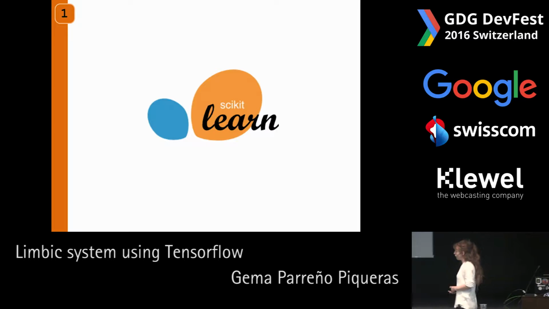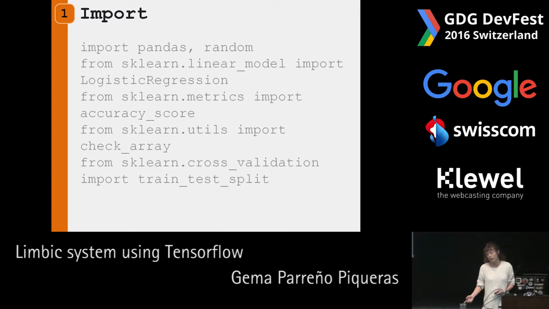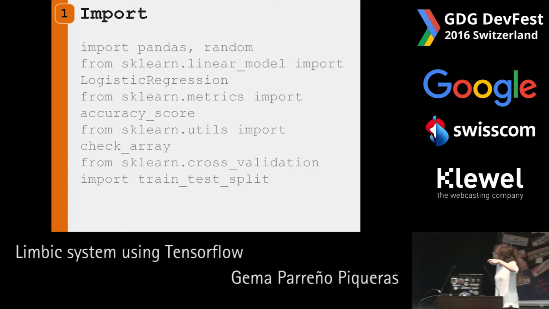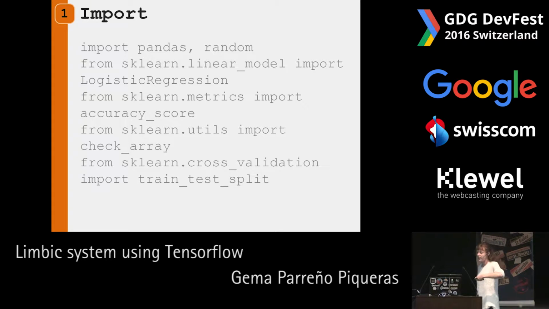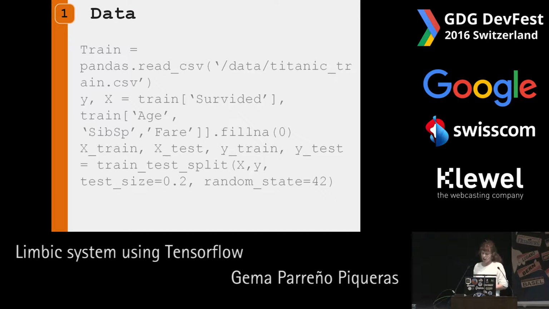So for that, at first, I will compare code for scikit-learn. I'm using pandas for importing the data, and then I'm going to use the logistic regression model, and I'm also going to load the metrics that scikit-learn can give us about the classification.